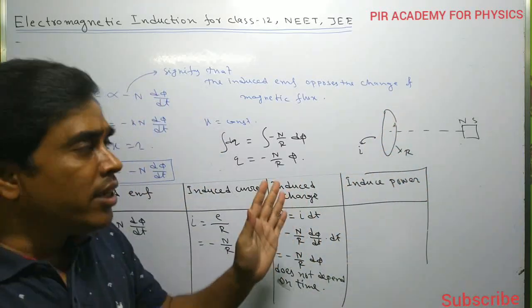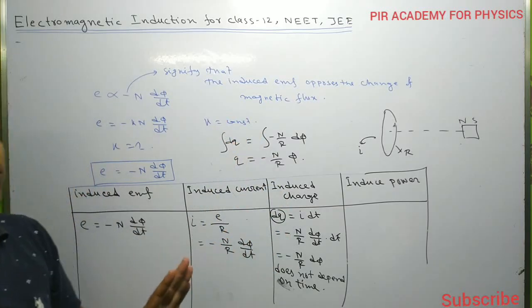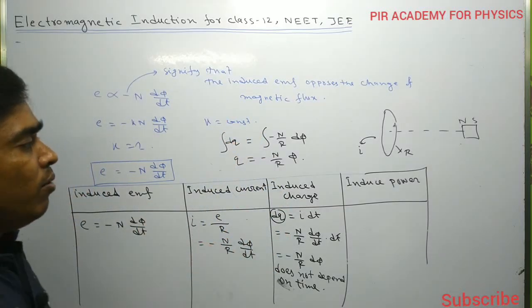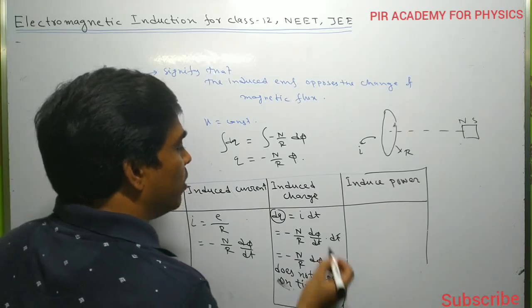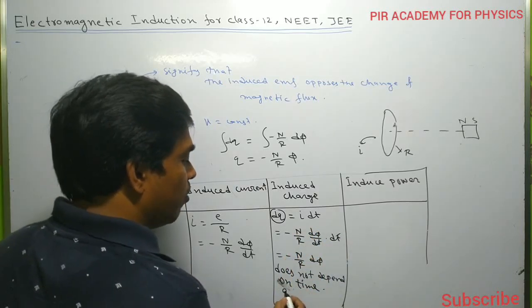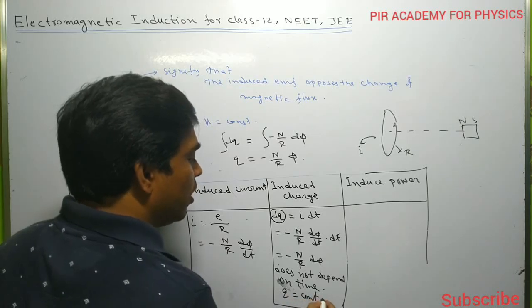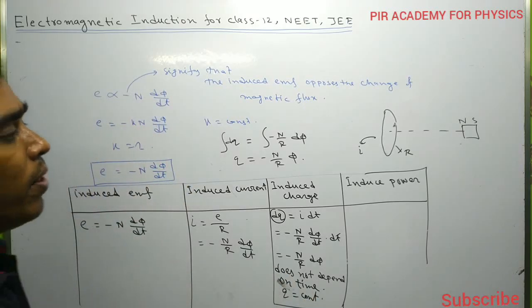So the total charge on any loop must be constant.